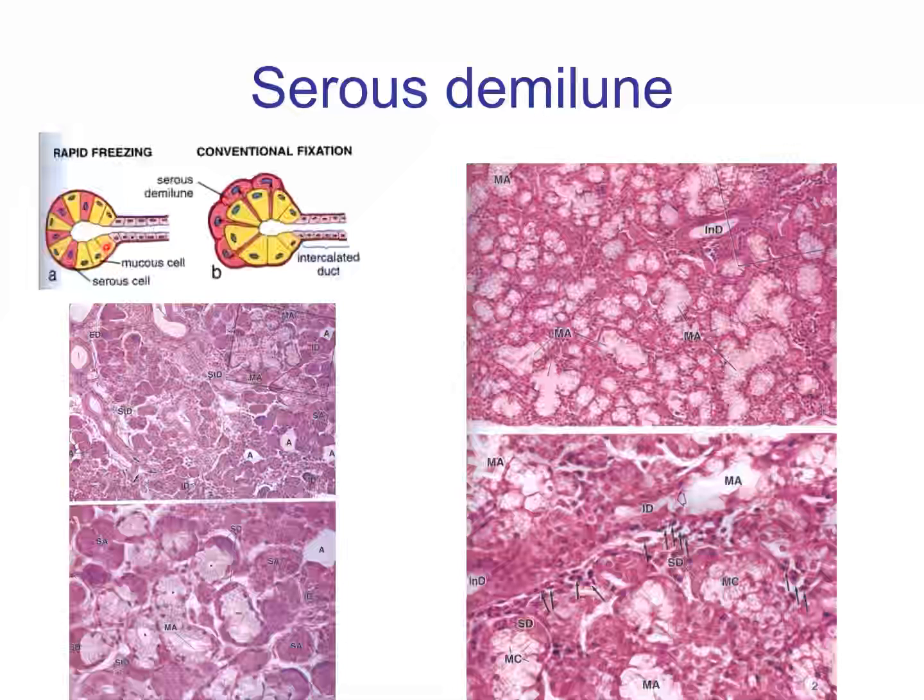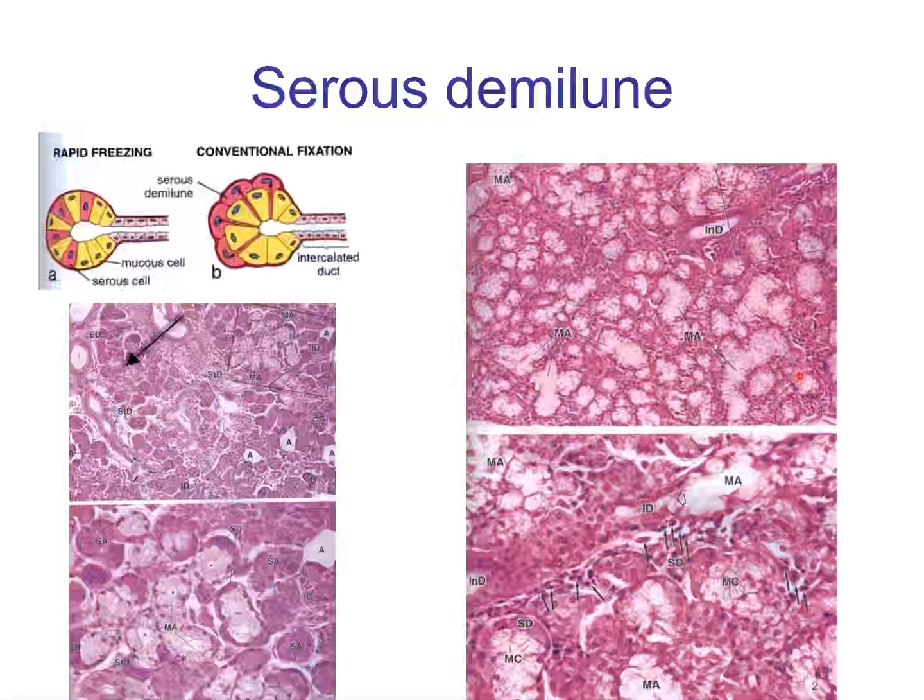Then the increased amount of water displaces the serous cells, and those serous cells come on the top of the mucous acini. So this half-moon shaped serous acinus is called a demilume, serous demilume. But the secretion of the serous acinus goes into the lumen of the gland.